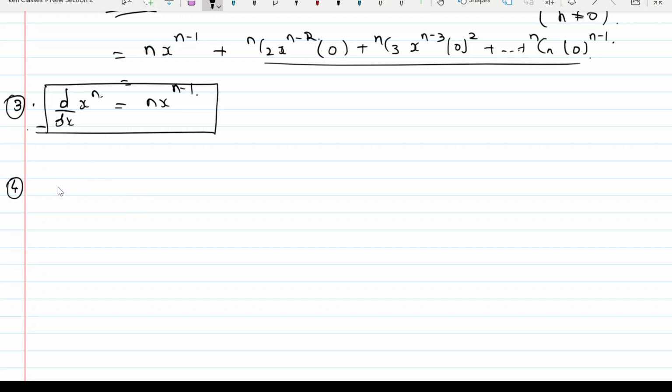Fourth, that is y is equal to sine x, and you have to find the derivative of sine x with respect to x. So if y is equal to sine x, let y equal to f of x, is equal to sine x, and therefore f of x plus h is equal to sine of x plus h.